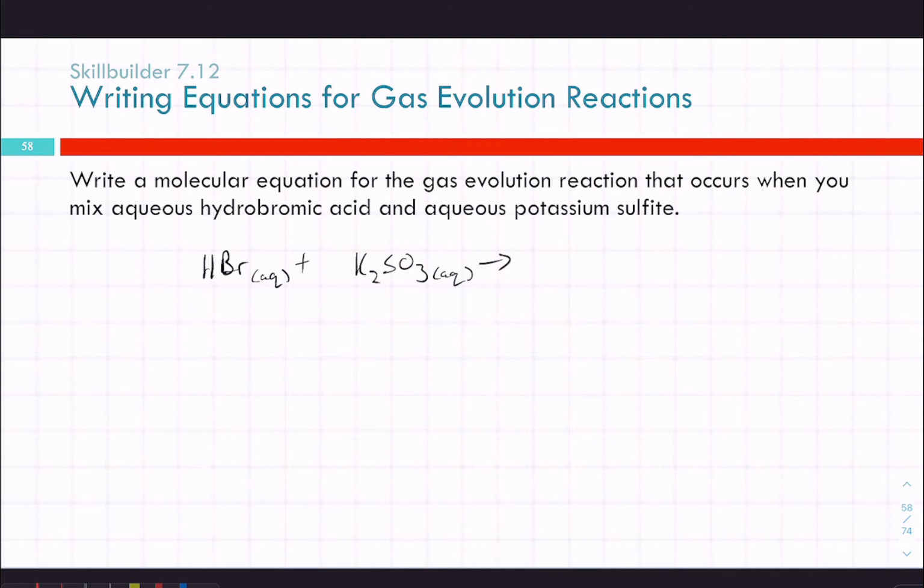So our skeletal reaction then is one where we just take the anions, we swap them with the cations. So we're going to have H2SO3, which this intermediate is aqueous, plus potassium bromide.